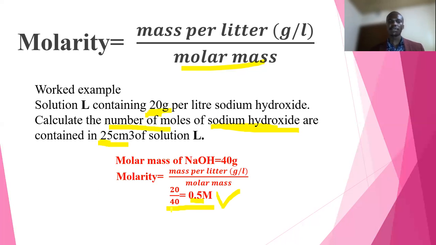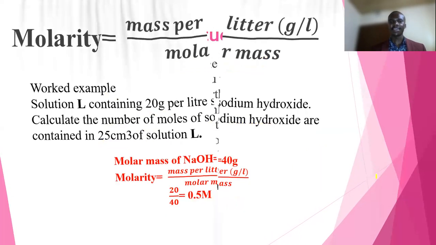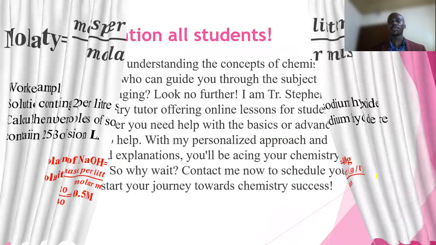So you will only multiply this 0.5 over 1000 multiplied by 25. Then you will be able to get the answer.